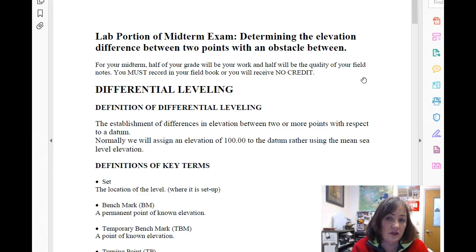Then to check your work, you need to come back and get the elevation difference between the second point and the first point, which of course should be exactly the same as the other way around, because neither of those two permanent points, which are called benchmarks, should have moved location or elevation.